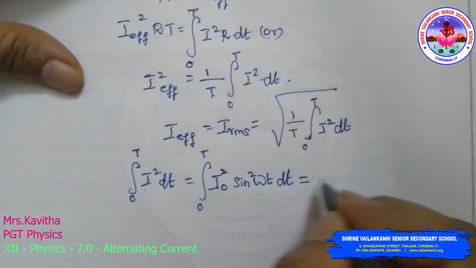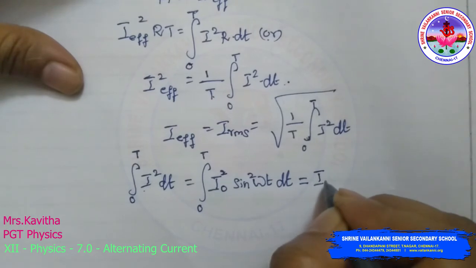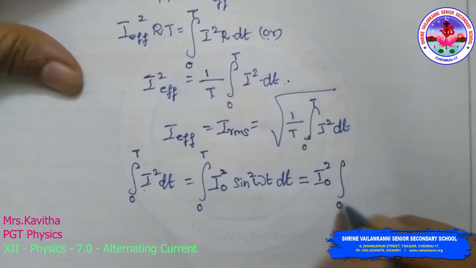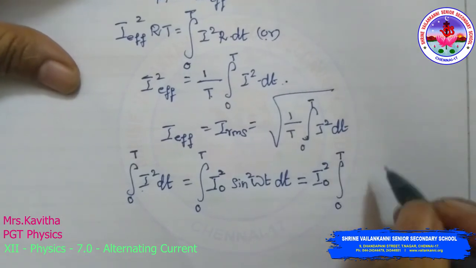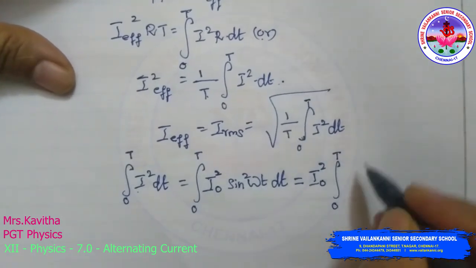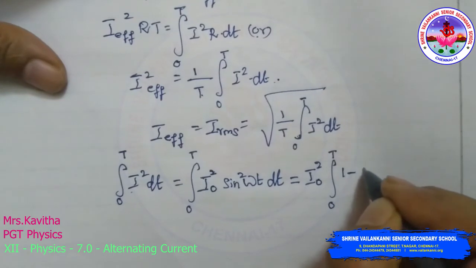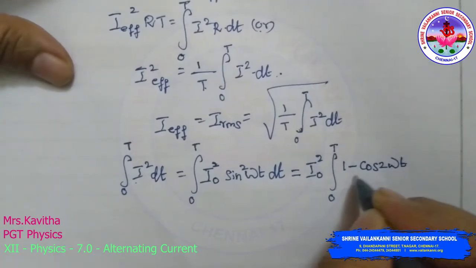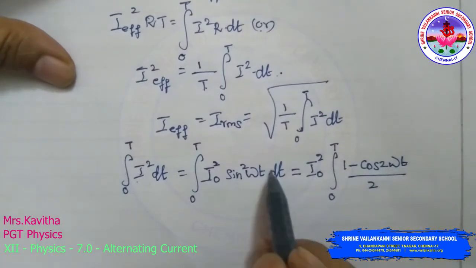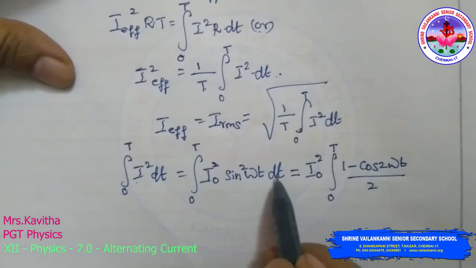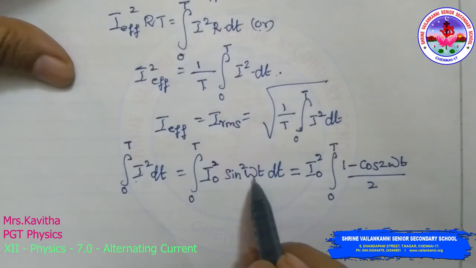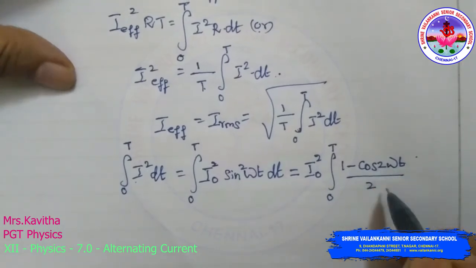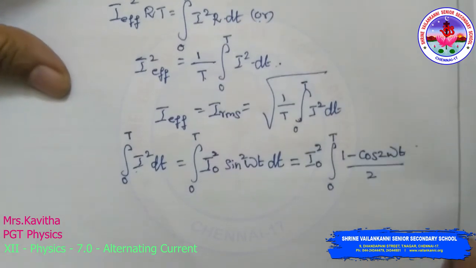That is equal to I naught square times the integration from 0 to T of sine square omega t, which is 1 minus cos 2 omega t by 2, the formula we applied here.